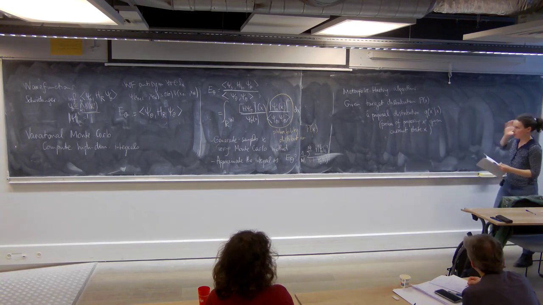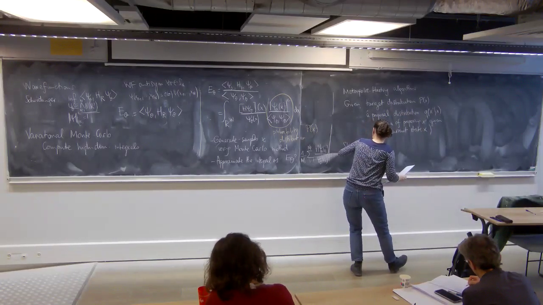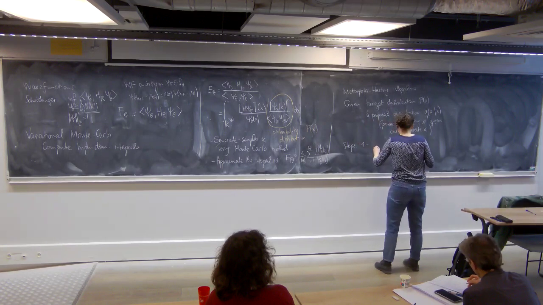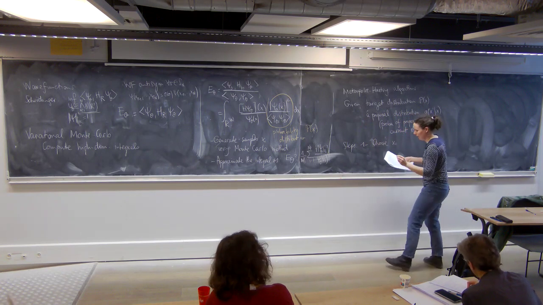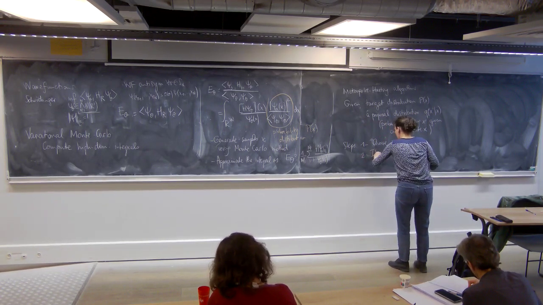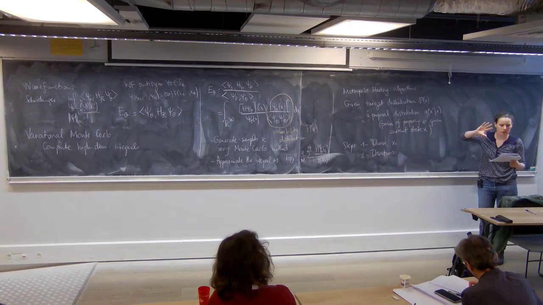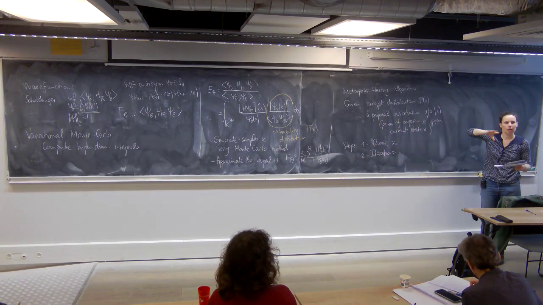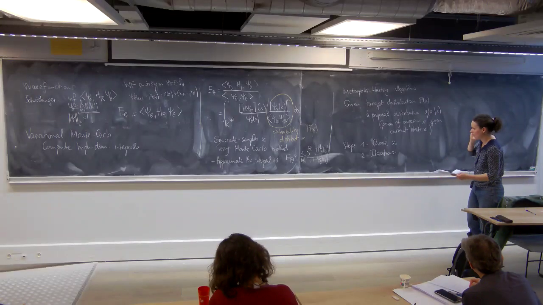Okay, and so the way it works is that we start from an initial point. So we choose some x0. And then we perform many iterations. In each iteration, we generate a new point, and then we decide to accept or reject it according to some acceptance probability.